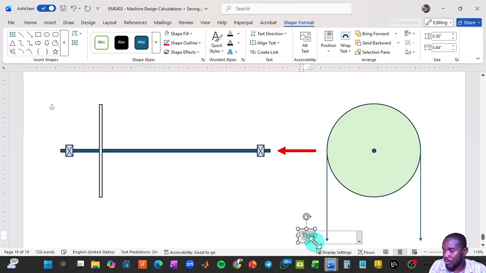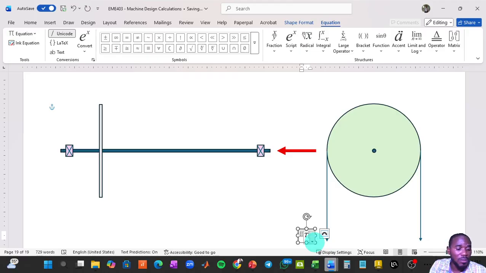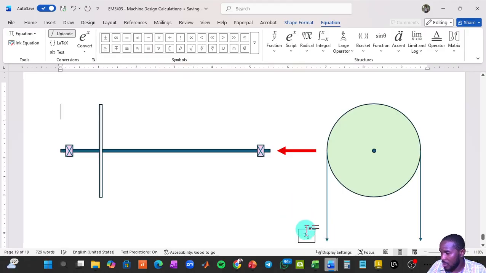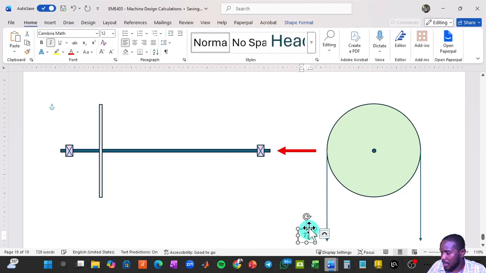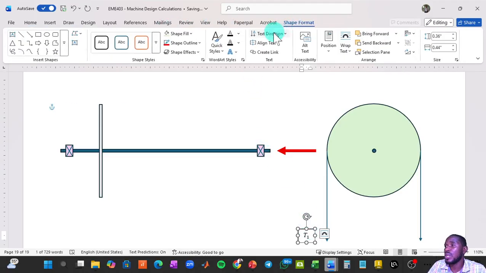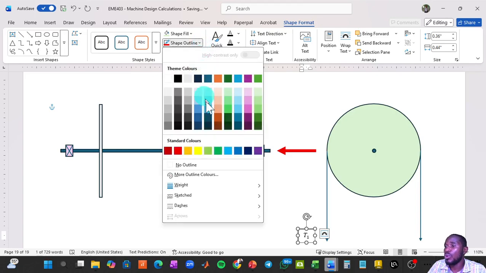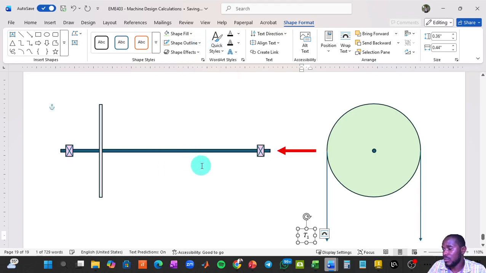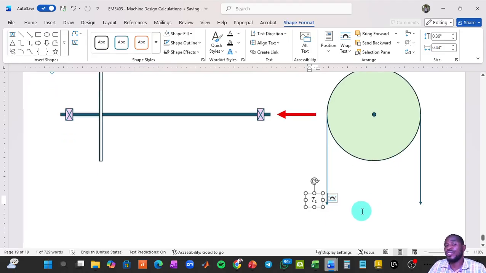Alternate tab to get our equations. That's going to be T underscore 1. Let's format that text box so that it has no line and no fill as well. So this here is your first tension.